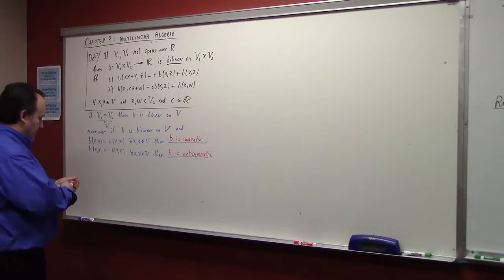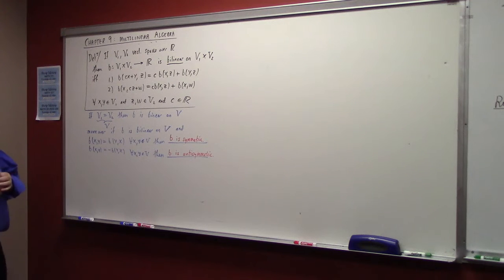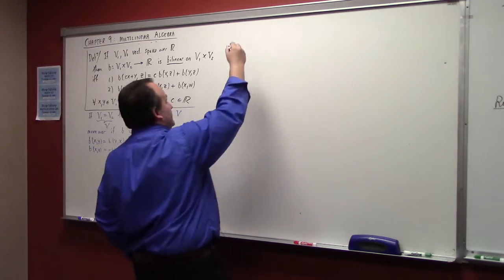All right, so I just wanted to get that out in front of us right at the start. Now let's see what we can say in general about bilinear forms. So let's do a calculation.